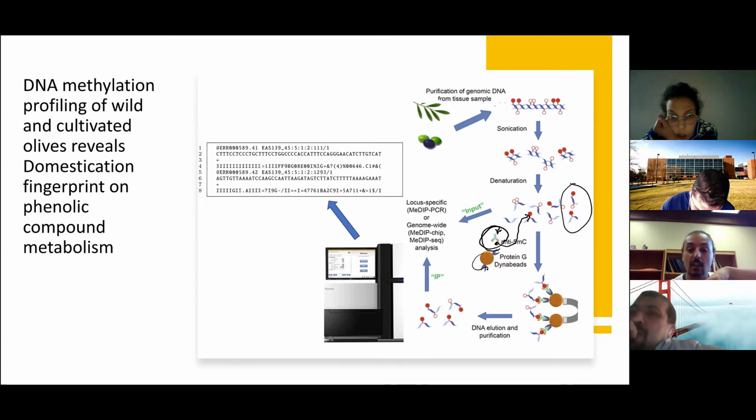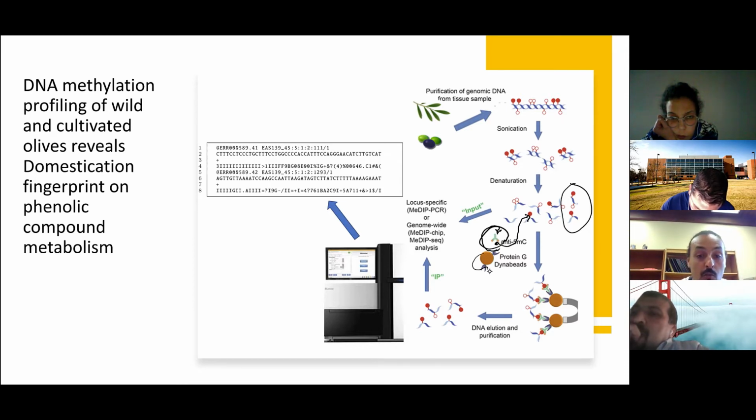Why do we use this technology? Because later we want to separate the methylated DNA from the unmethylated DNA. The magnet will grab all of those beads, and we know that those beads are bound to the antibody, which is hooked to the methylated DNA.